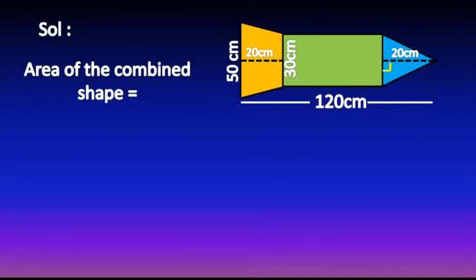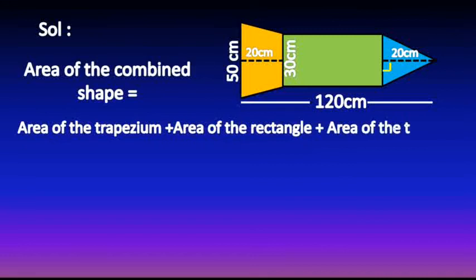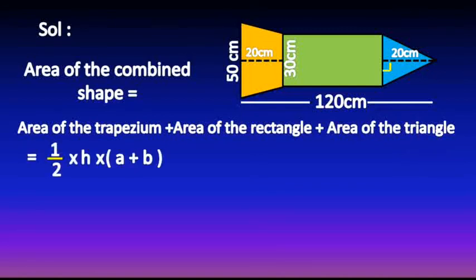Now we have to find the area of this combined shape. So to find the area of this combined shape, we have to find the area of the trapezium, the area of the rectangle and the area of the triangle. Then we have to add all the three areas. The area of the trapezium formula is half into h into a plus b.